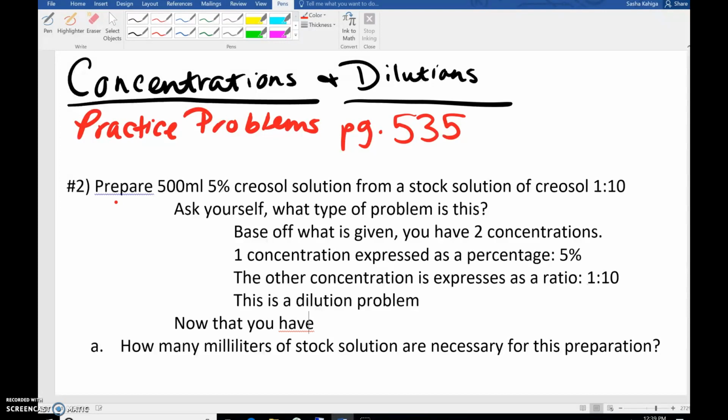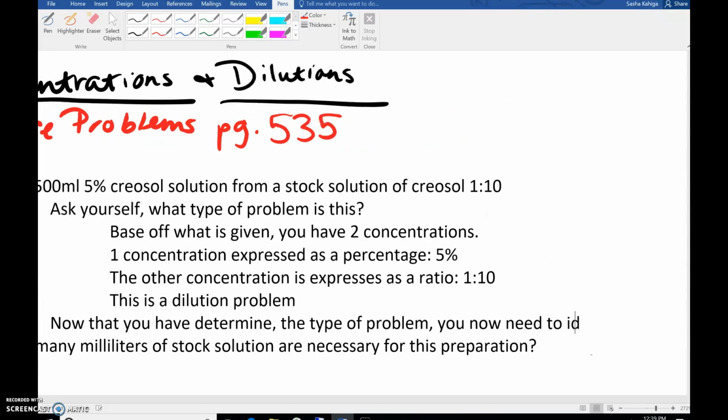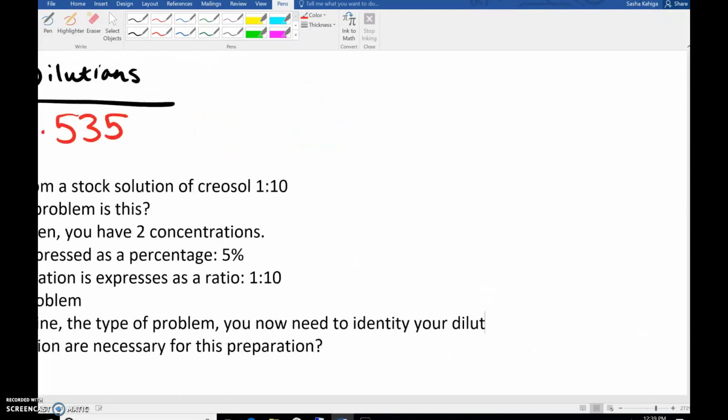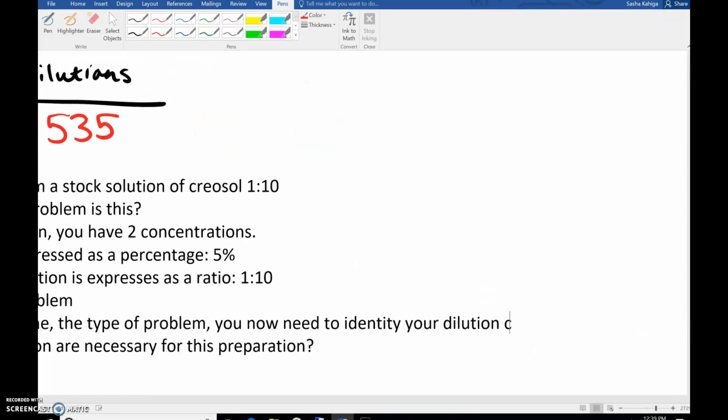So now that you have determined the type of problem, you now need to identify your dilution components.